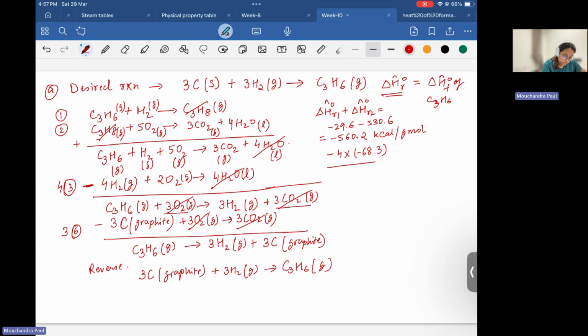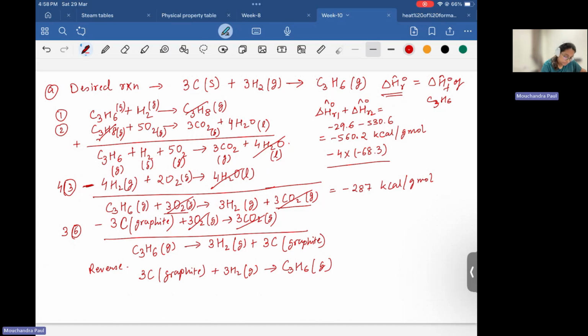So this will give us what? Minus 560.2 plus 4 into 68.3, which was minus 287, which is the heat of the reaction for this expression that we got.